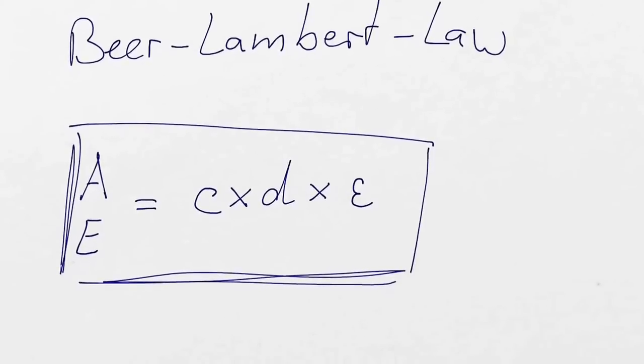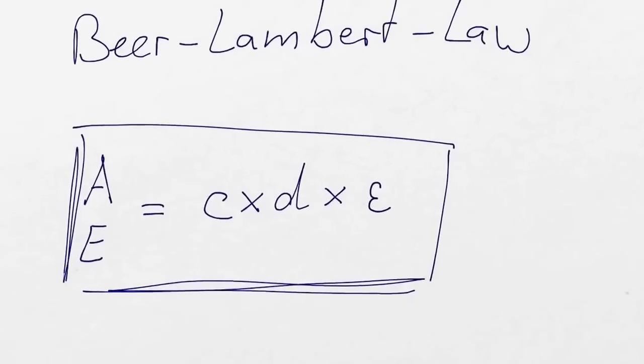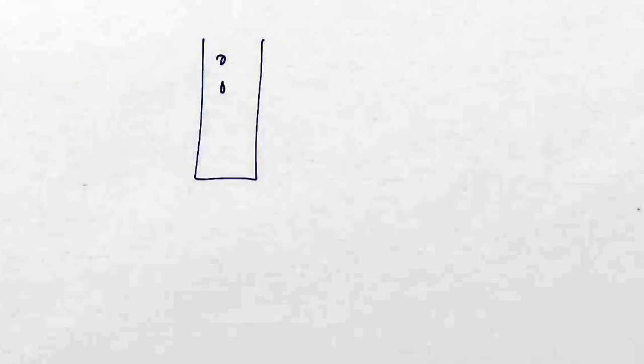Absolutely important. So what can we do with that? We can measure the concentration of a substance. We put the substance into one of these little cuvettes that you've used. Yeah? Then we shoot light at exactly the right wavelength through.